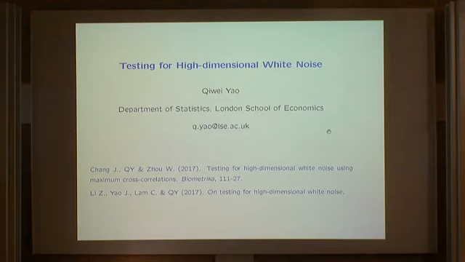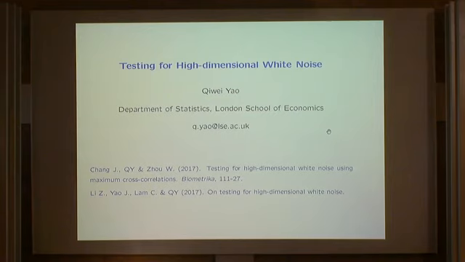So in high-dimensional time series, this is a high-dimensional white noise. We knew from day one the existing tests would have problems coping with the high dimension, but we have been waving our hands all the way so far.